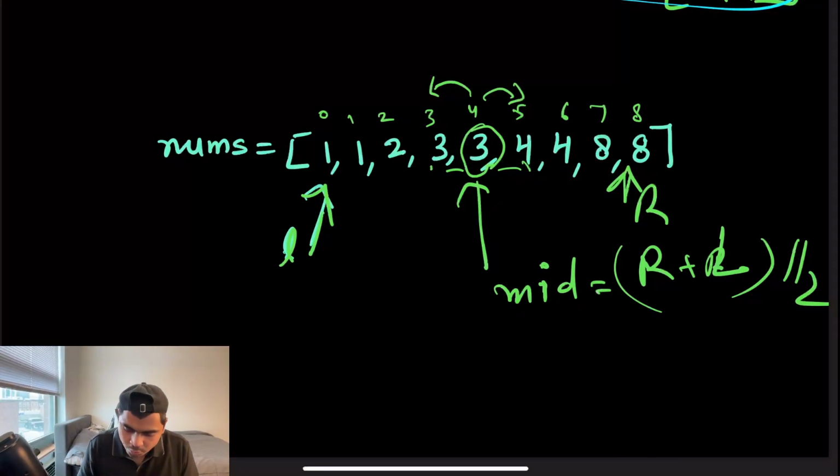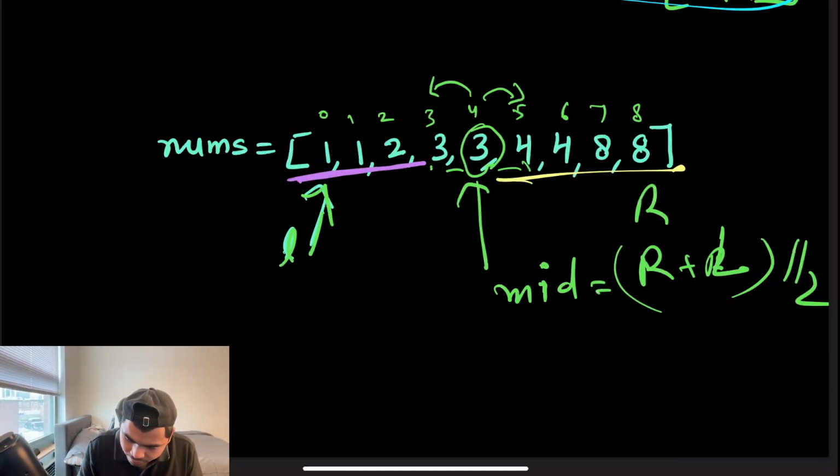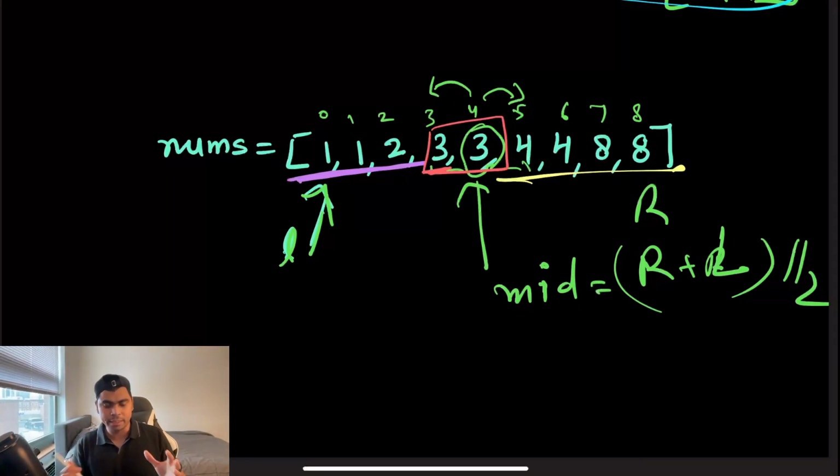That means we now need to decide either to look in this half or this half. By the way, we will eliminate this, since this is already equal to these two values, so these could be eliminated, right?